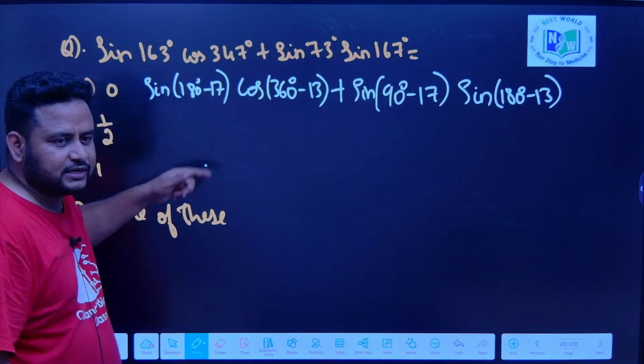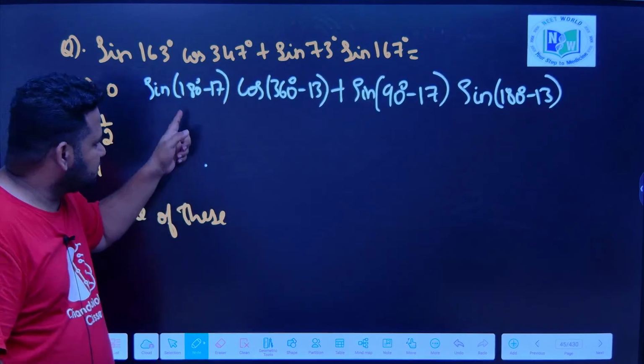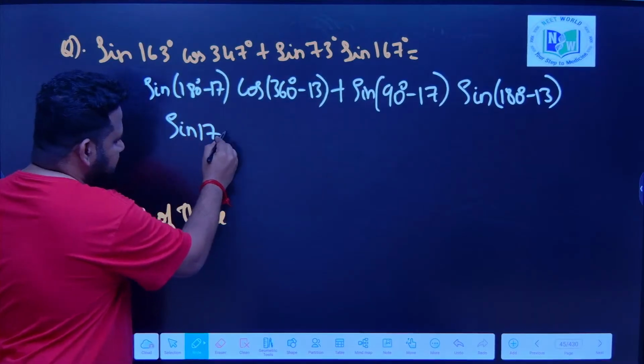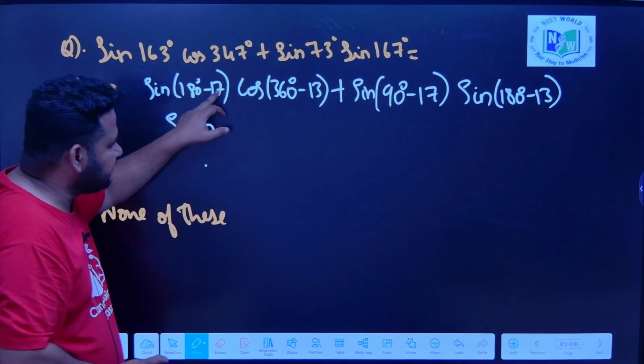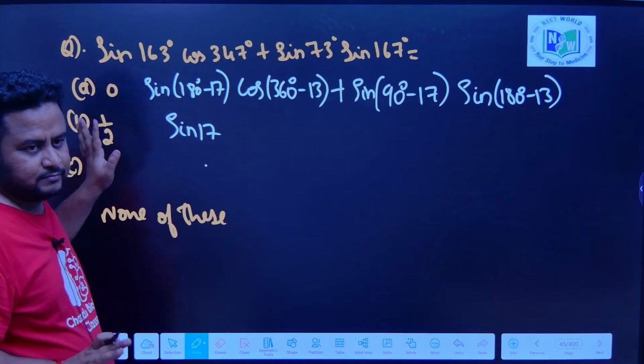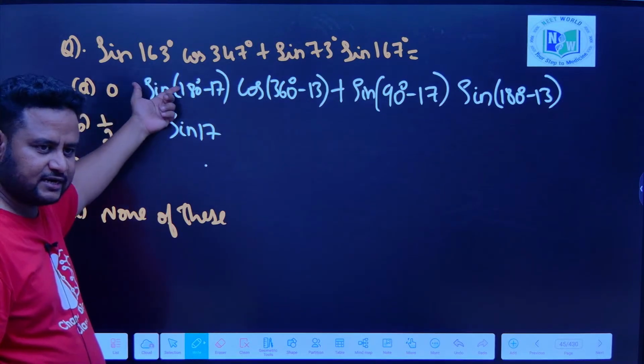Sin 180 is an even multiple of pi by 2, so sin will remain as sin itself. So this will become sin 17, don't worry about the sign yet. Sin 163 degree is in which quadrant?